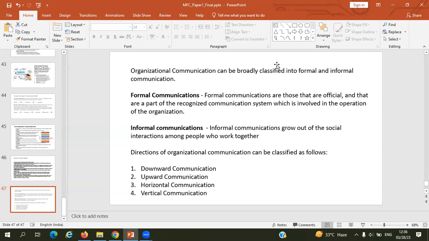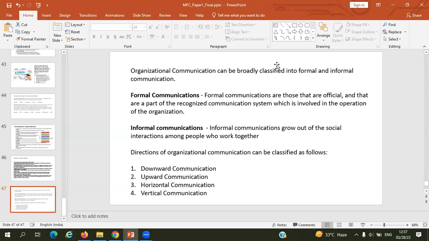Anything flowing from top to bottom, higher authority to subordinate, that is downward, and exactly opposite, from subordinate to higher authority, that is upward. Downward communication is higher authority to subordinate, and upward communication is subordinate to higher authority.